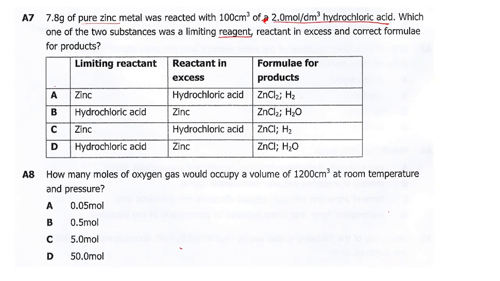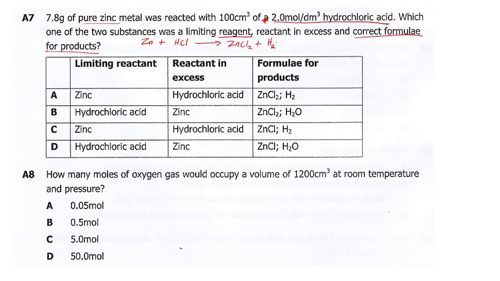So now when you look at the options, we have the correct formula for products. First of all, what they are saying is this: you have zinc metal reacting with hydrochloric acid to give you zinc chloride plus hydrogen gas.